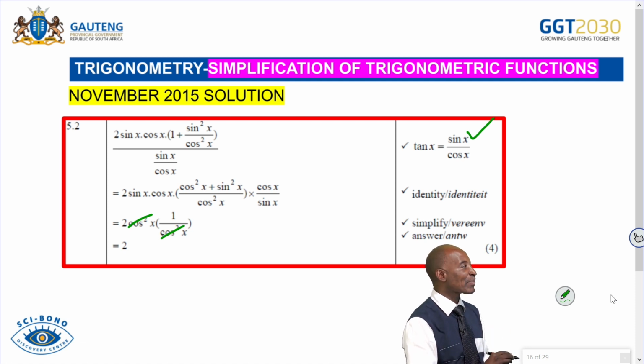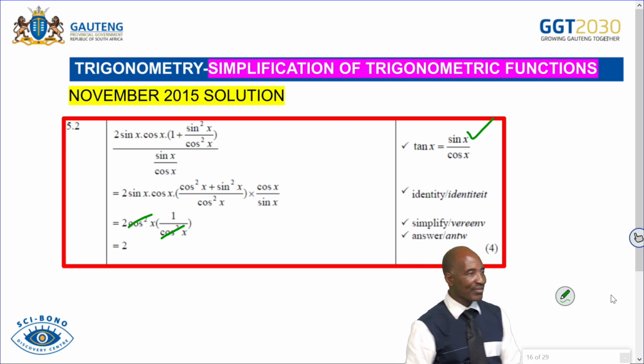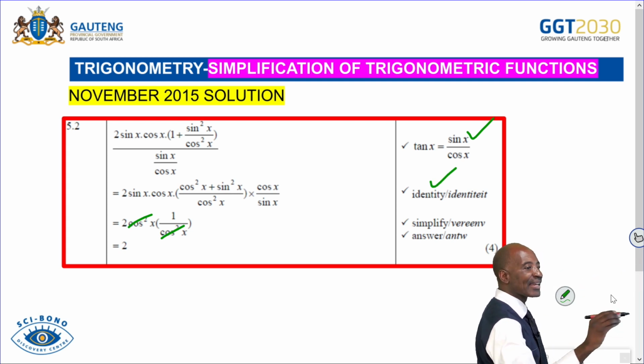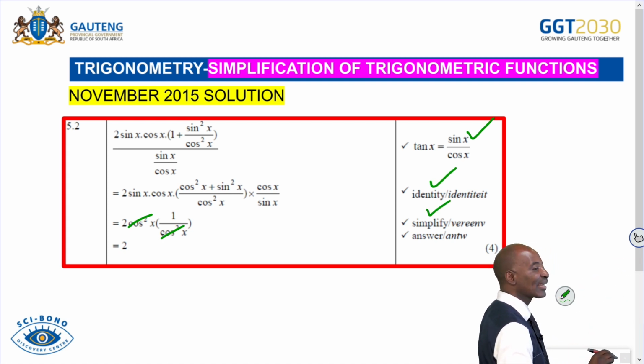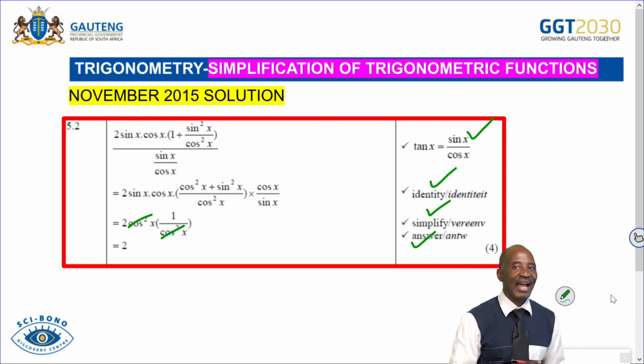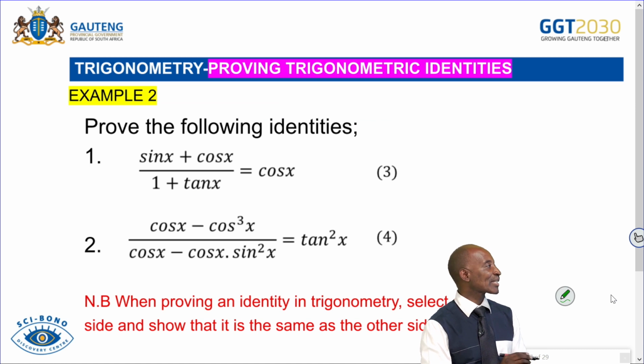Then the final answer becomes a 2. Yes, that's how you could have. So 1 mark for using those identities, and then 1 mark for simplification, and then 1 mark for that 2. That's how you could have done that particular question.